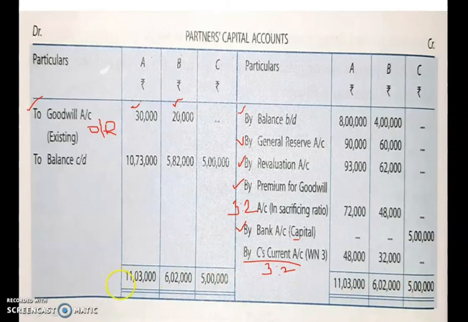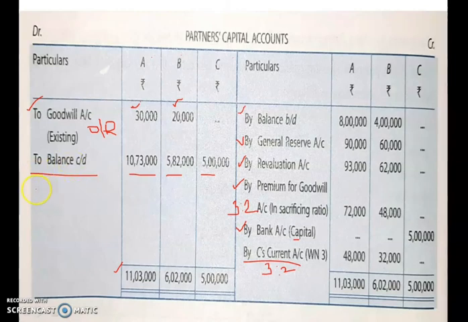You can write the same total on your credit side and the difference on the debit side. That is, for A the difference is 10,73,000, for B it is 5,82,000 and for C it is 5 lakh itself. So that amount you have to write as balance carried down.